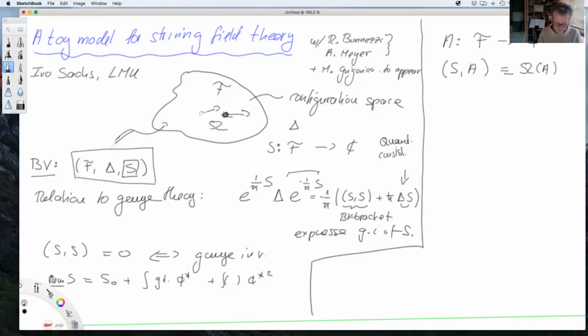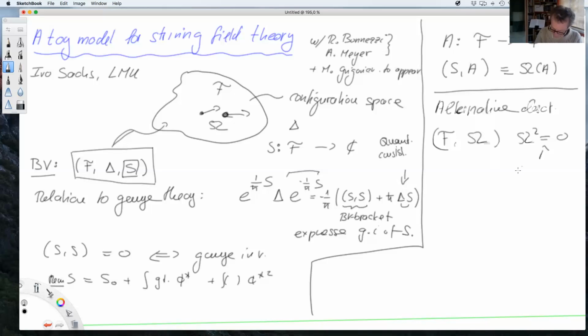That would be another way of describing BV: you have a space of fields F together with a vector field omega, which actually squares to 0 since it's an odd vector field. So we have also omega squared equal to 0. And that simply follows from the fact that S comma S is equal to 0. You just use the Jacobi identity.